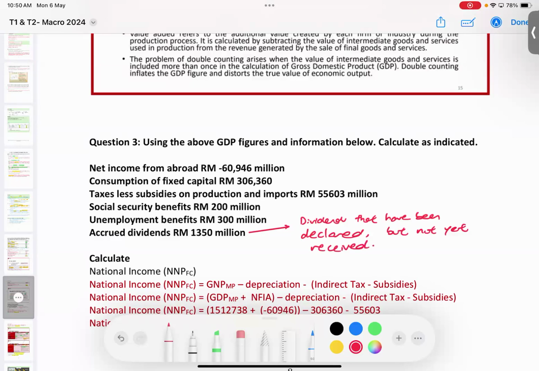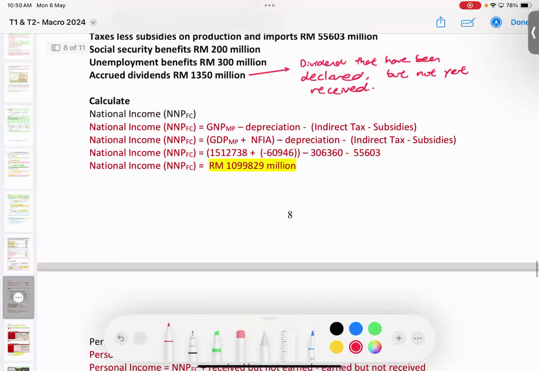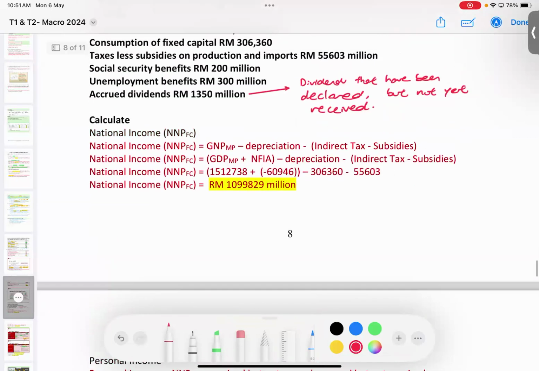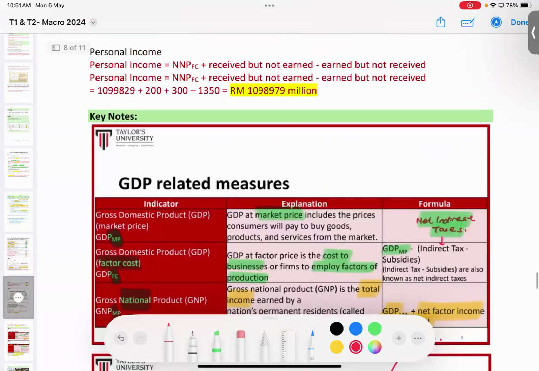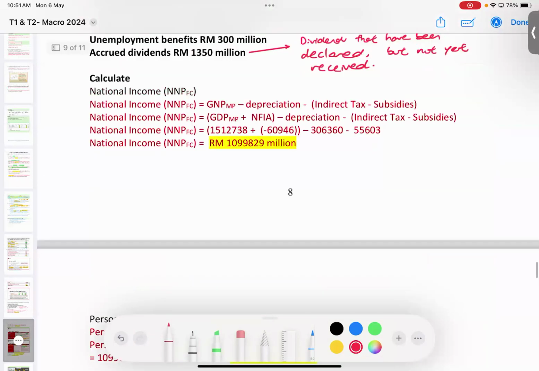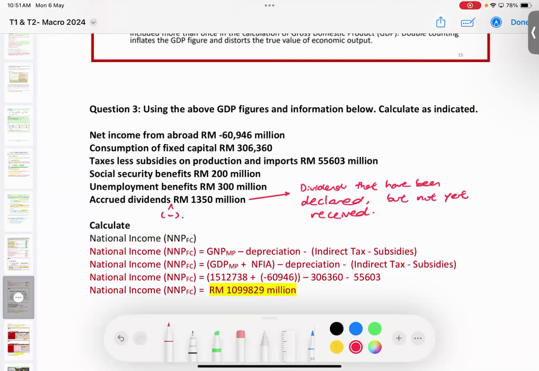You know that you will get the dividends, but you haven't received them yet. So this is an example of income earned: you are entitled to the dividends but have not yet received them. So you need to minus it. That means this one, accrued dividends, later on you need to minus it.